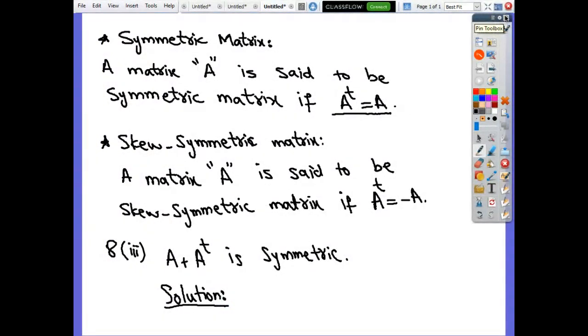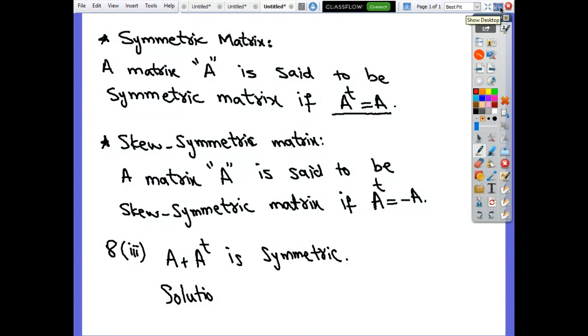Revise all the terms, that is symmetric matrix. Any matrix is said to be a symmetric matrix if the transpose of the matrix becomes the matrix itself.